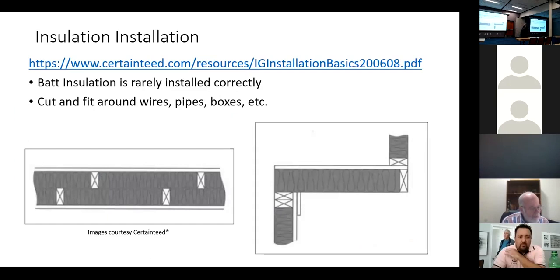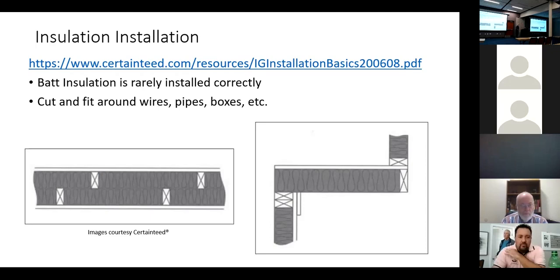This is one of the other things, not as bad. Well, sometimes it is, but we don't get it right. We don't install the insulation correctly. I ran through the I codes and did a search. I have them digital.